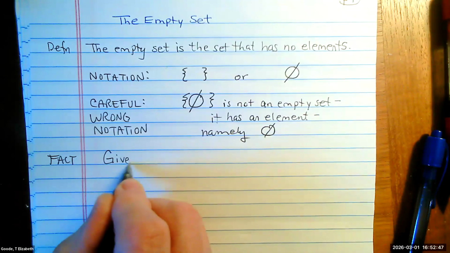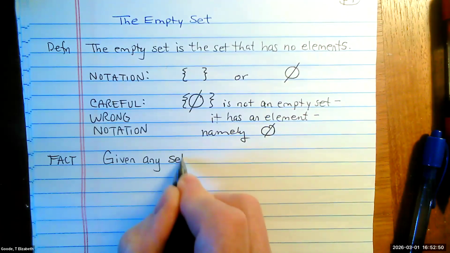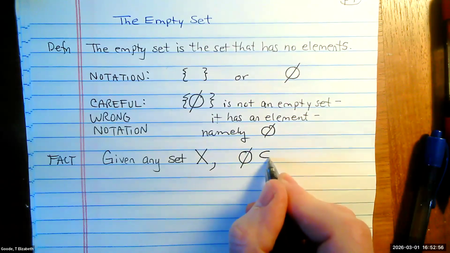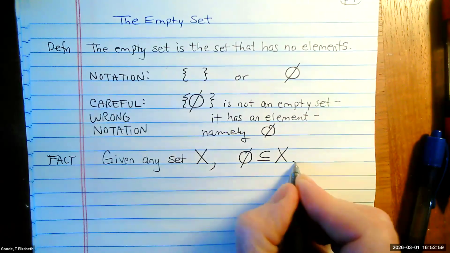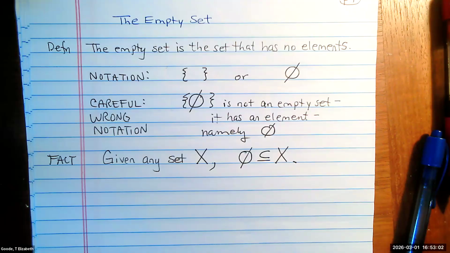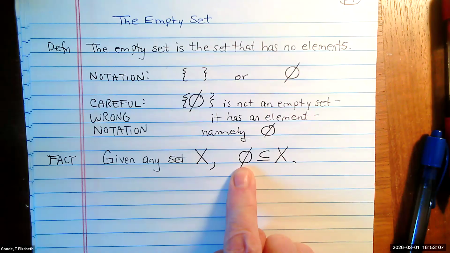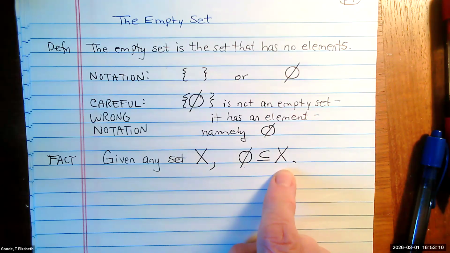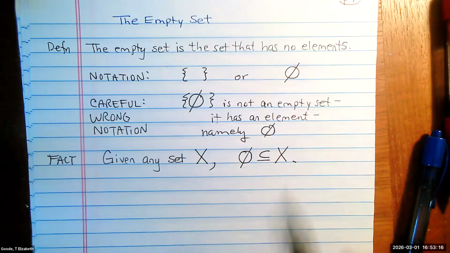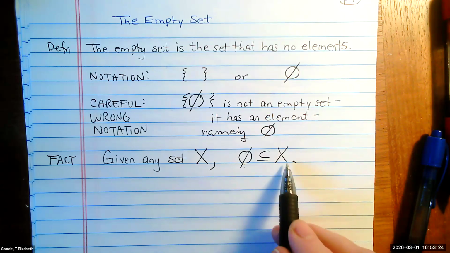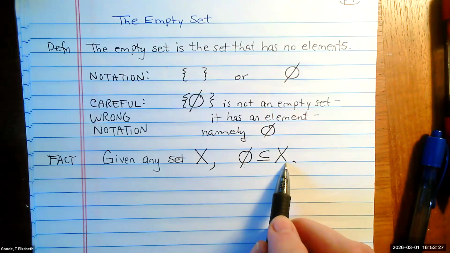Given any set X, the empty set is always a subset of X. And that's because to check if a set is a subset of another set, we ask this question: is every element in the set that we're trying to prove is a subset also an element over here in the superset?